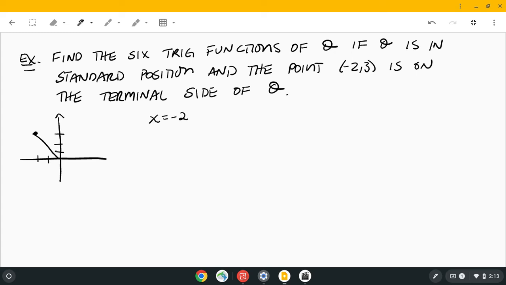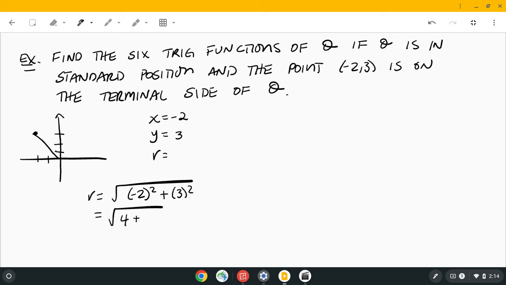We know y is equal to 3. So we need r. And we know that r is equal to the square root of x squared plus y squared. So that is 4 plus 9. So that is square root of 13. Okay, so we know r is equal to the square root of 13.